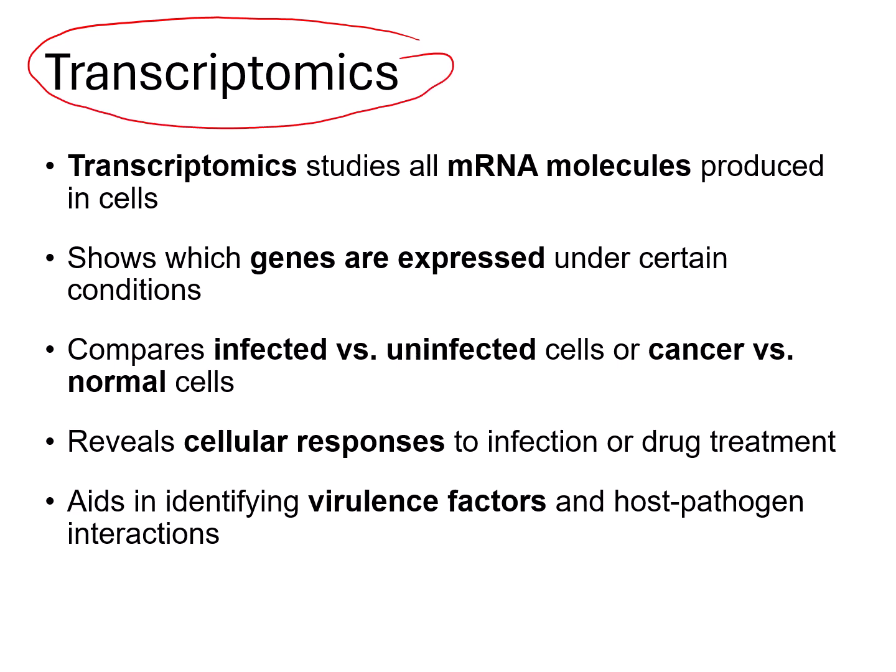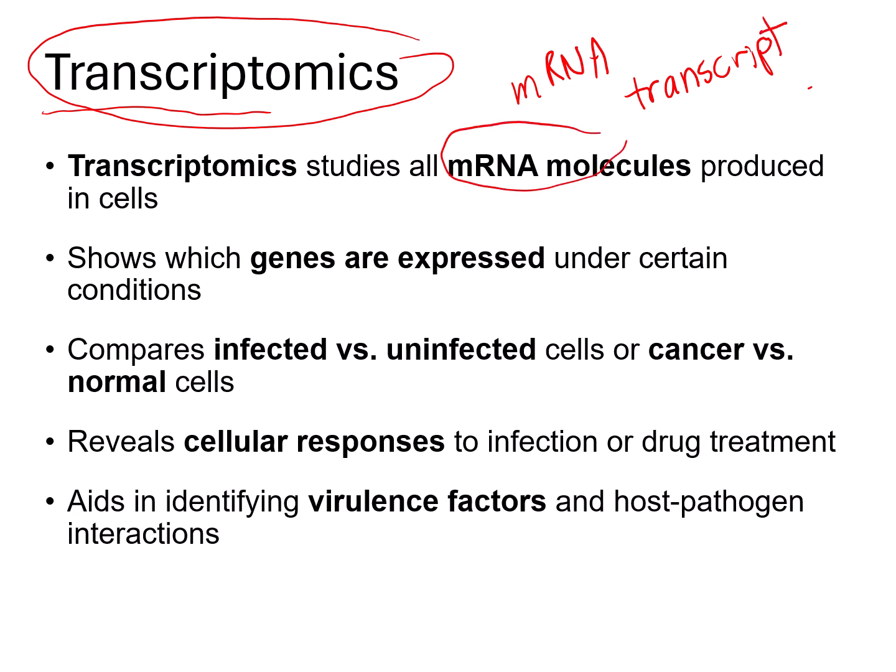Transcriptomics reminds me of transcript. Remember, the transcript is the mRNA that we make inside a cell during transcription. So this is called a transcript. So transcriptomics studies all mRNA transcripts made in a cell.